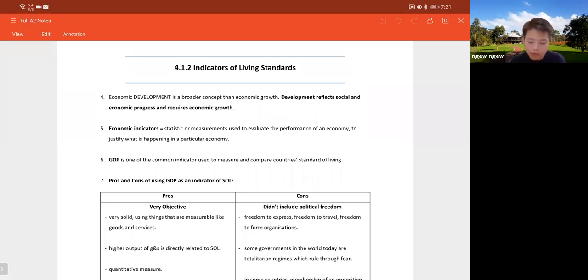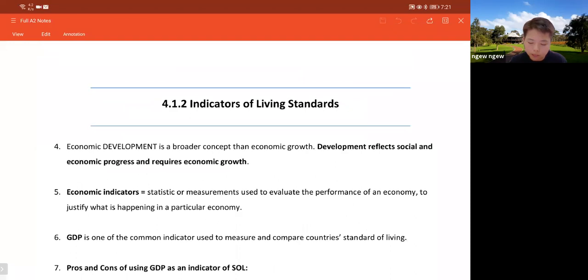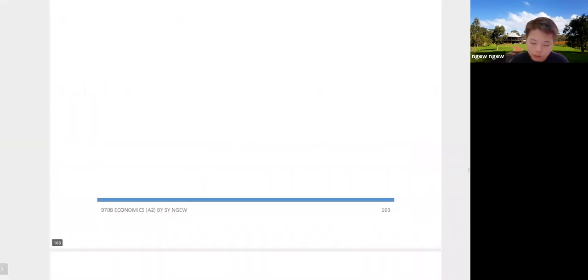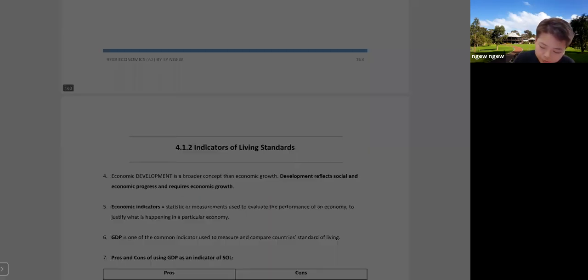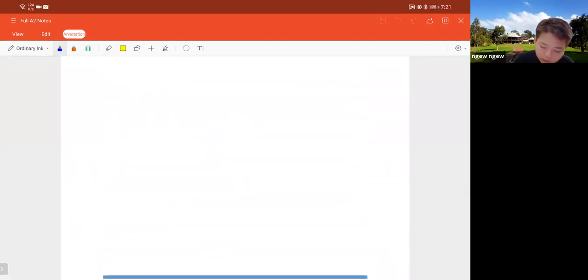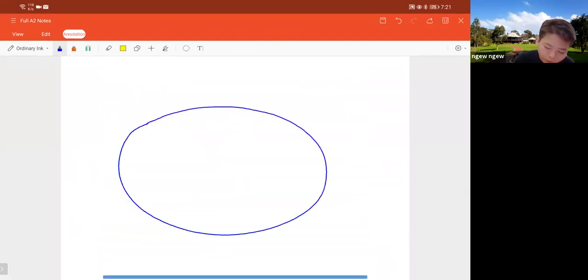Okay, before that, let me just draw this kind of picture here. First of all, as mentioned previously, when we want to find out the economic development of a country, economic development basically relates directly to standard of living.